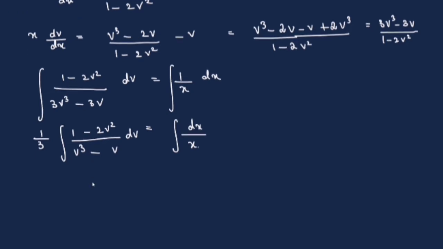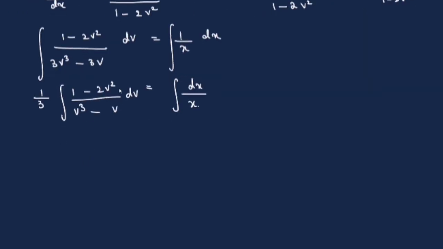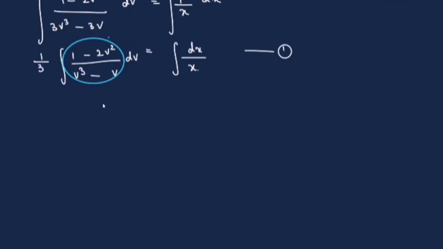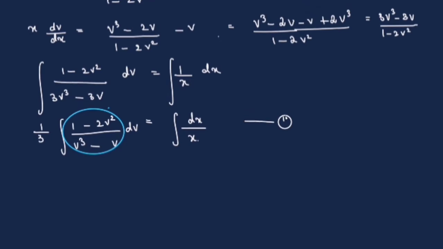Now you have to integrate this. Let us take this factor alone, that is 1 minus 2v square divided by v cube minus v.